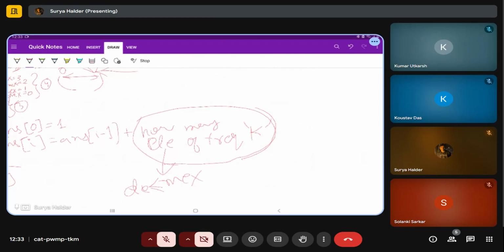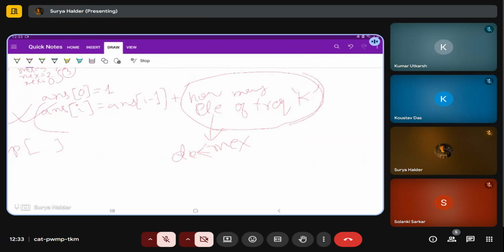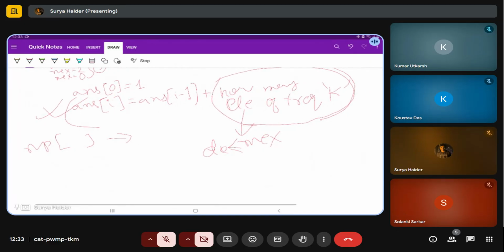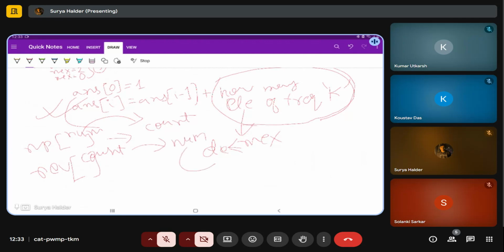Means I will be creating a map which will be storing the frequency, and after that I will create a reverse map. Basically the map maps a number to the count, and the reverse map maps count to the number, and this number must be less than or equal to max.